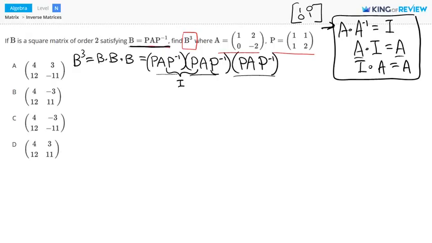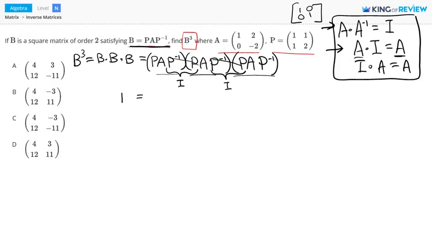And we have P inverse times P here. So that's going to equal the identity matrix. And looking over here, if we have a matrix times an identity matrix, it equals the original matrix here. So these get canceled out, and what are we left with?